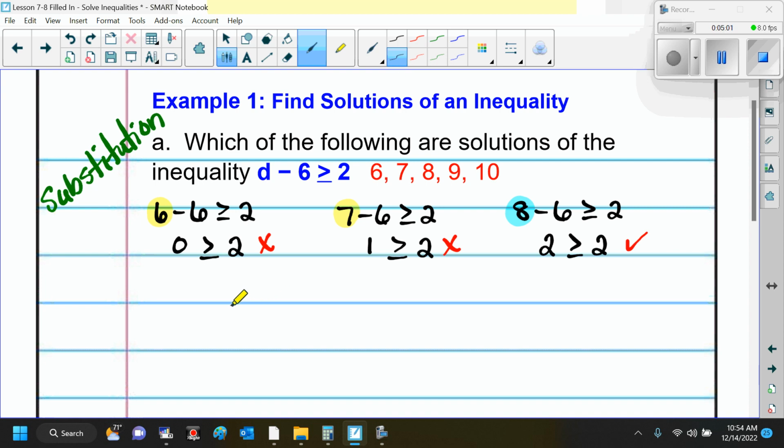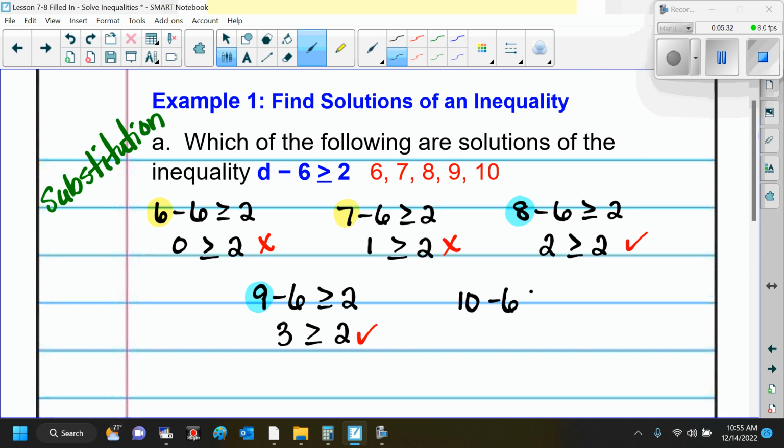Let's do 9. So we've got 9 minus 6 is greater than or equal to 2. 9 minus 6 is 3. Is 3 greater than or equal to 2? Yes, very good. So what's a solution? No, 9. Remember, it's the number that you substitute in, okay? Now, let's do the last one. So now we've got 10.